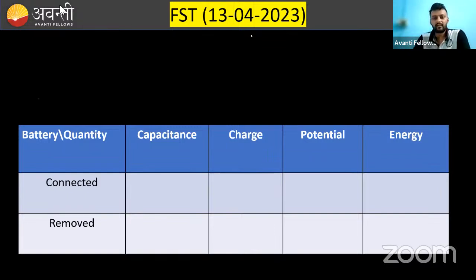Half CV square. Very good. Remember, it's half CV square. Energy stored in the capacitor is half CV square.